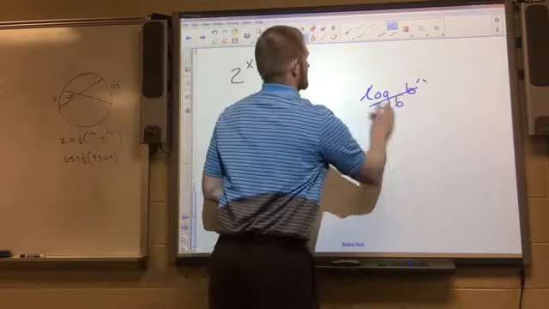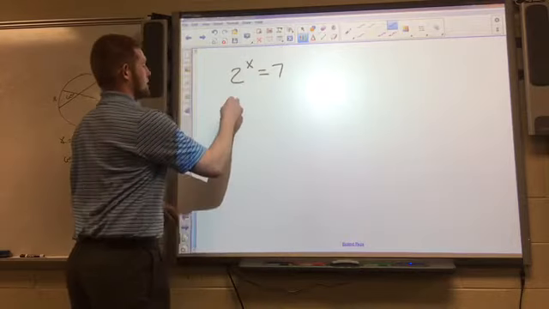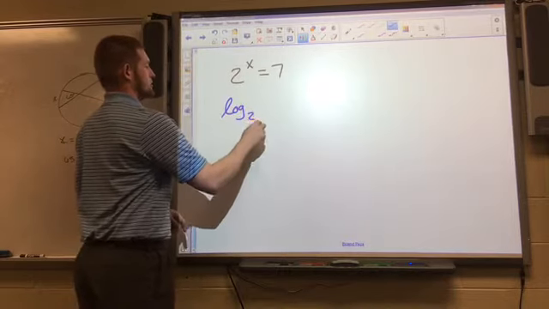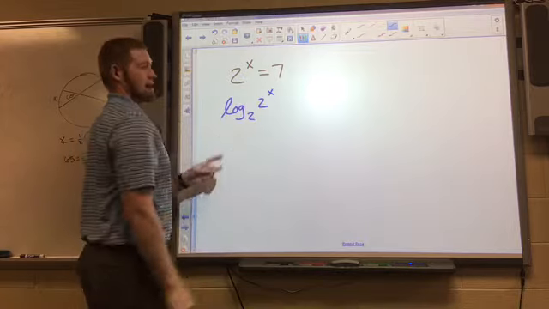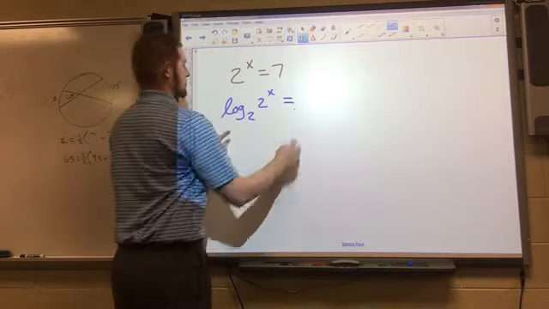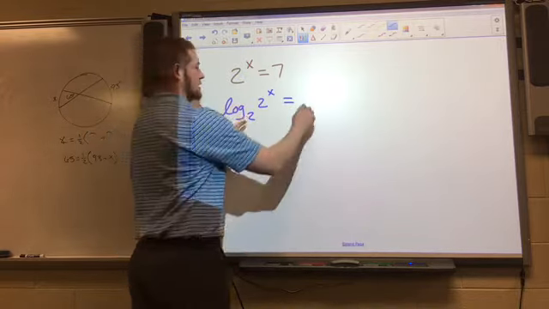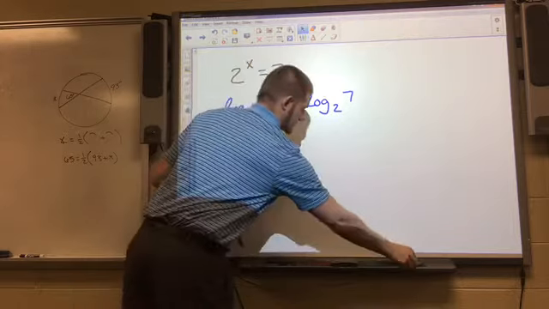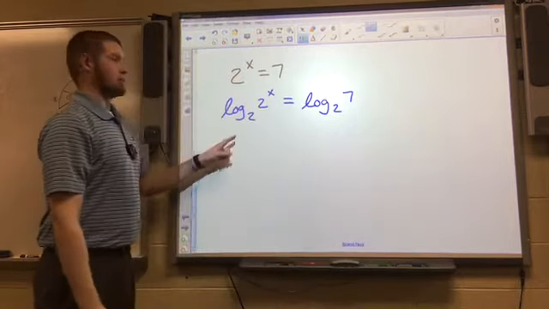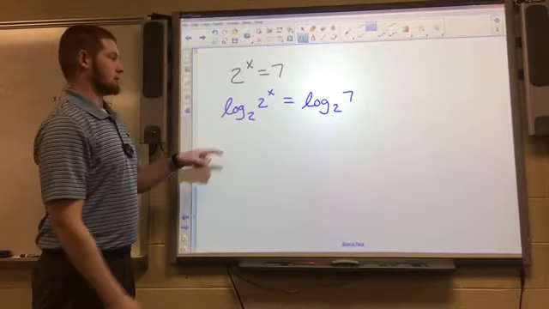So in this case, I'm going to do log base 2 of 2 to the x equals, I did it to the left side, so I need log base 2 of 7. Here, cancel.